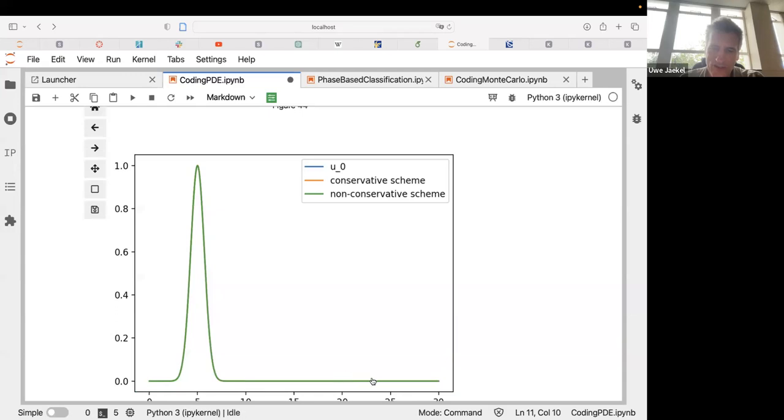It means that where the value of u is small, there will be a very slow transport to the right. Where it's big, there will be a fast transport to the right. That means the mass that is located in this area will have a faster transport velocity than the mass that is located in this area. And the mass in this area will have a slower transport velocity than the mass in this area.